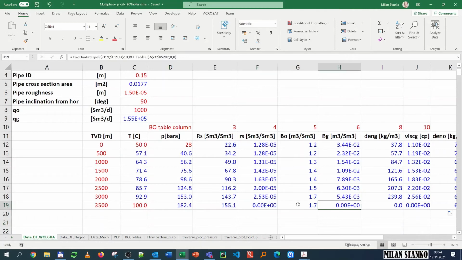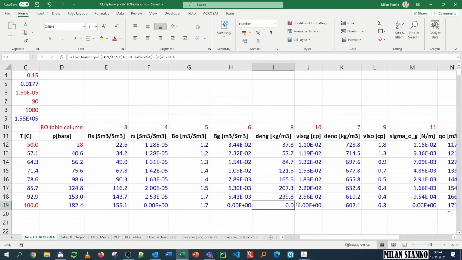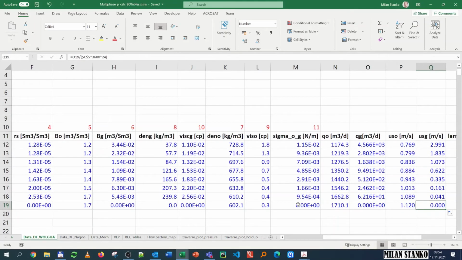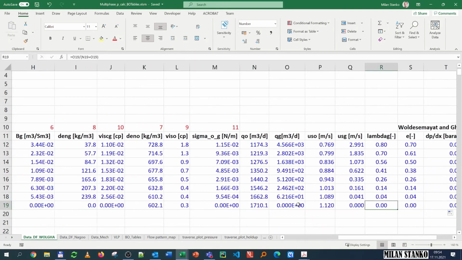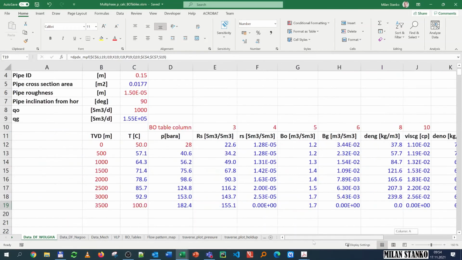I have 0 for Vg, density of the gas, viscosity, etc. That means I have simply single phase. The rate of gas is 0 and the superficial velocity of gas is 0. So there is no gas, just liquid. Okay, and that's it. We have done our first calculation for flowing bottom hole pressure in multiphase flow.